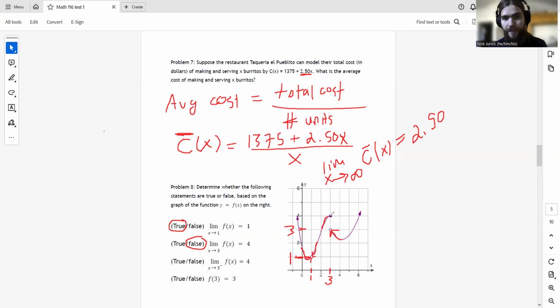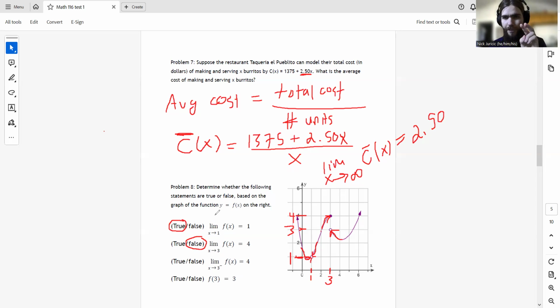But from this side, as we approach 3, it's going towards a different value. It's going towards 4. So we could say that the limit from the right side is 3, and the limit from the left side is 4. But because they're different and don't match up, the limit itself as x approaches 3 does not exist.